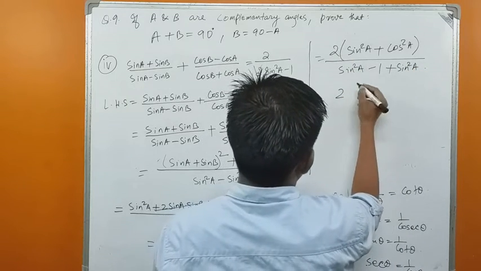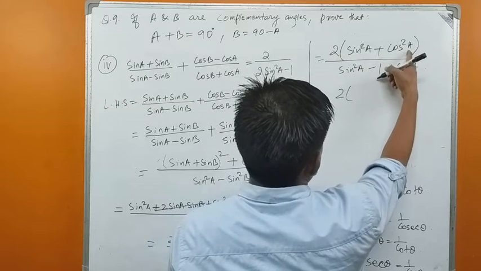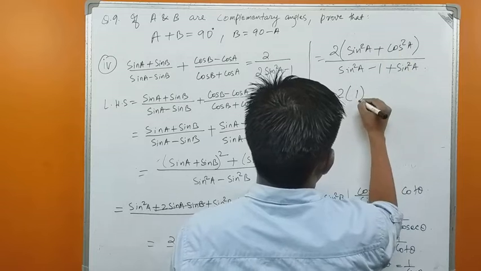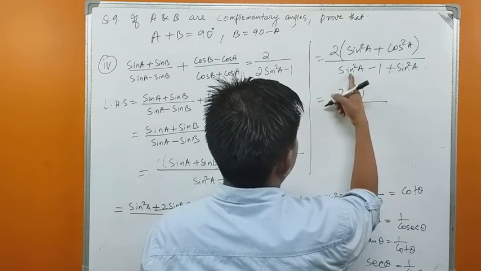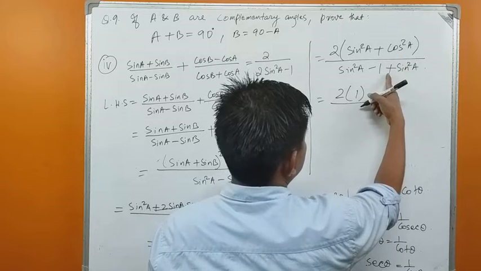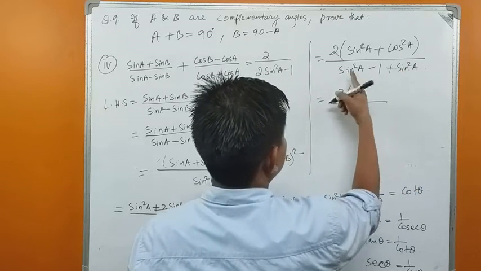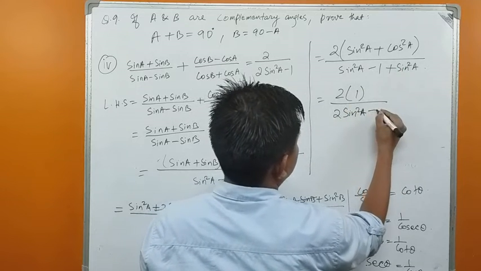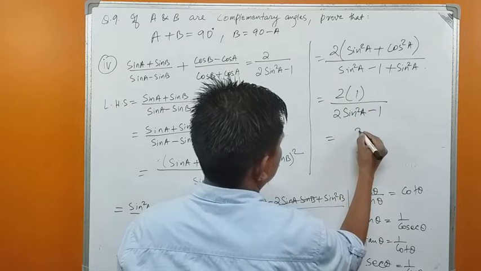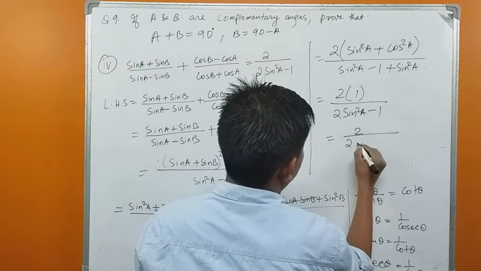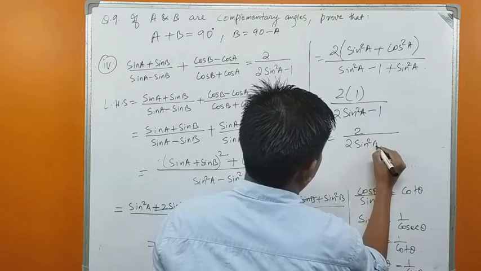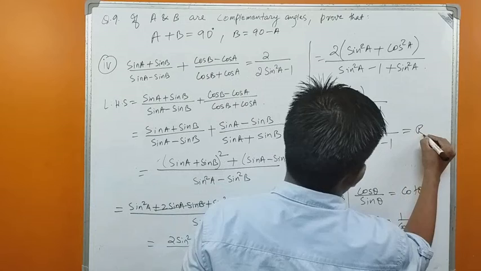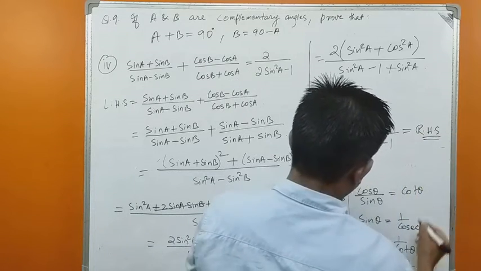So 2 into (sin square a plus cos square a). The angles are same, a. So sin square a plus cos square a means 1. This sin square a is plus, and this sin square a is also plus. So plus sin square a plus sin square a means 2 sin square a, and this is minus 1. Okay. So 2 into 1 is 2 in the numerator, and in the denominator we have 2 sin square a minus 1. So this is what we have in the right hand side, hence proved. This equals RHS. I hope you got this.